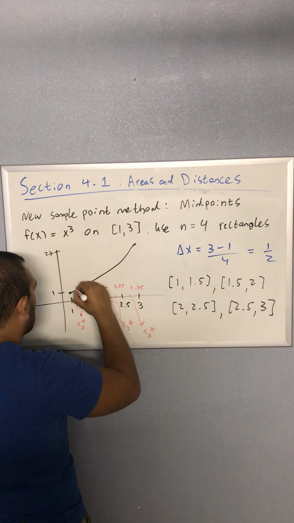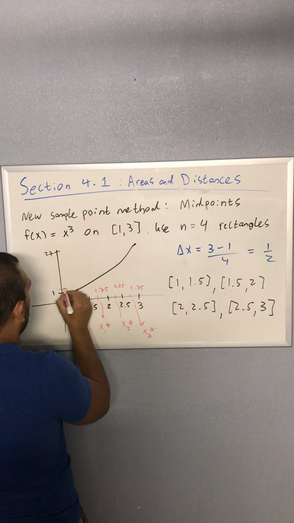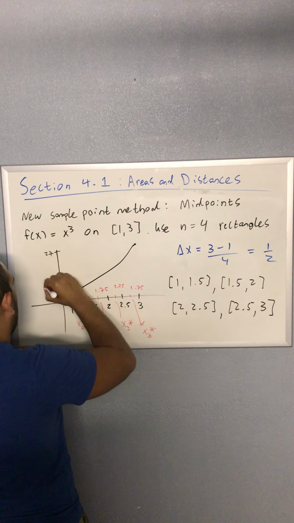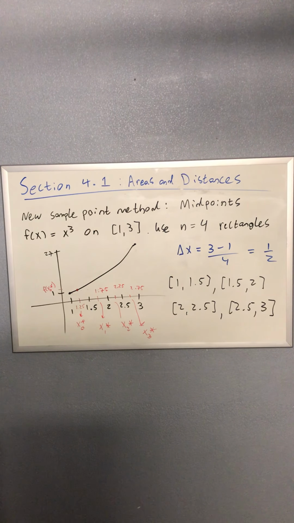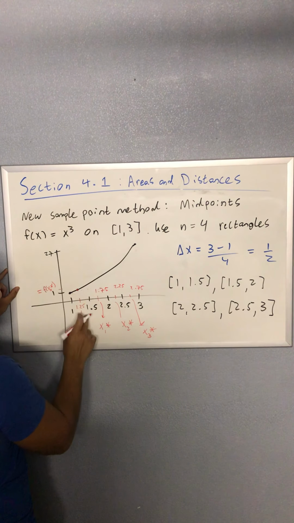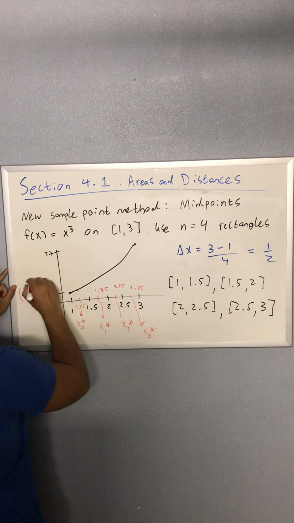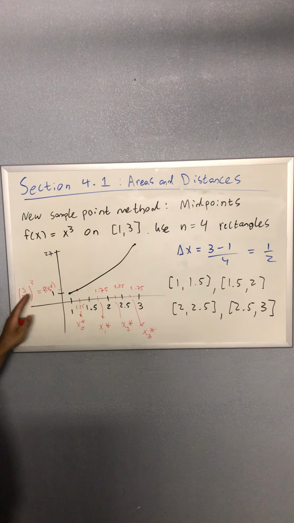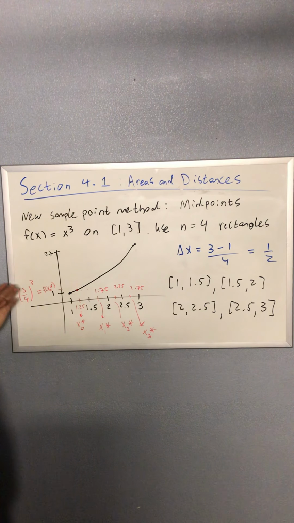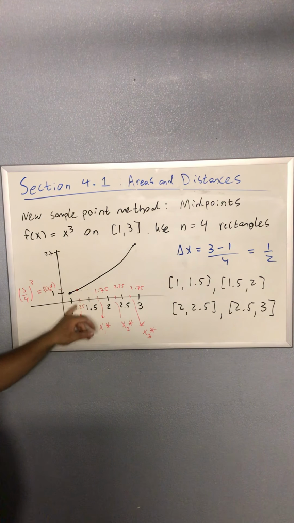Instead of finding the actual number, we'll just say that this right here is f of x sub 0 star. 1.25 really is 5 divided by 4, so it's really 5 over 4 cubed. This is kind of nasty to write as a fraction, so we'll just leave it that way. But what you're essentially doing is taking this number and cubing it.